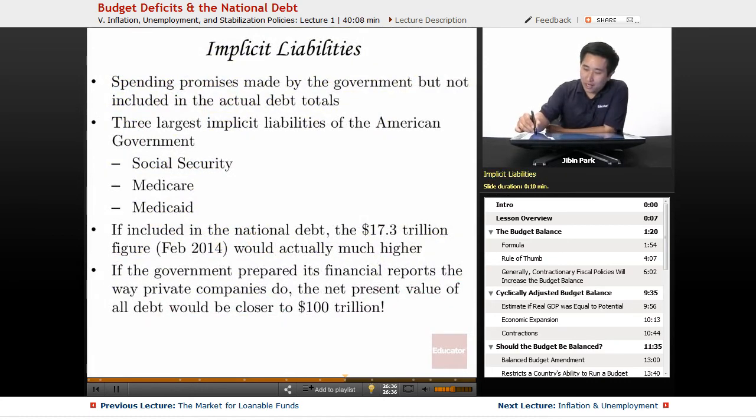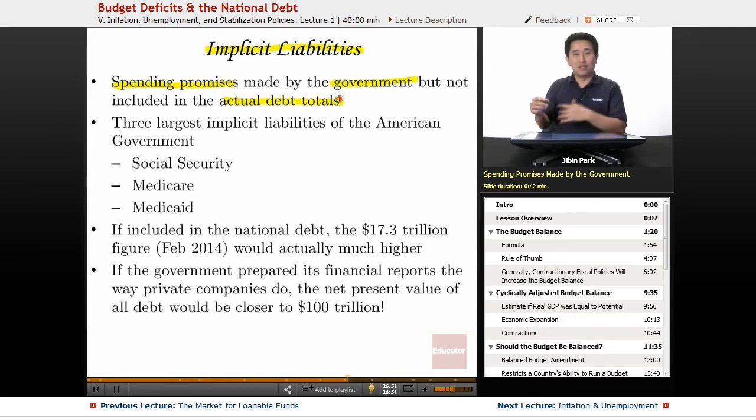One type of debt that we haven't really talked about, which I mentioned earlier in the lecture, is implicit liabilities. These are spending promises made by the government but not included in the actual debt totals, because this is money that's promised, and it depends on how long people live. For example, Social Security is promised to people, but if an individual dies earlier, then less Social Security is paid out.